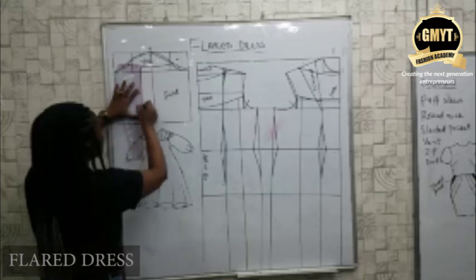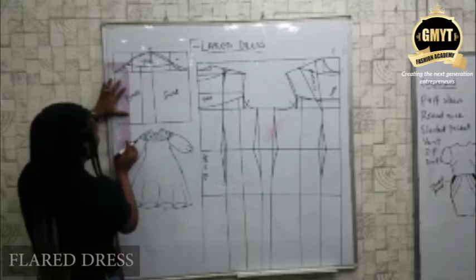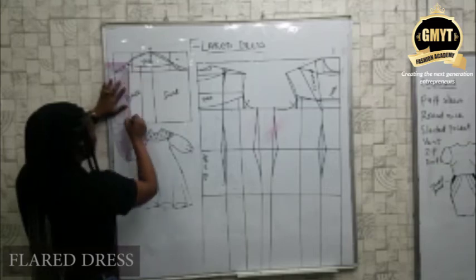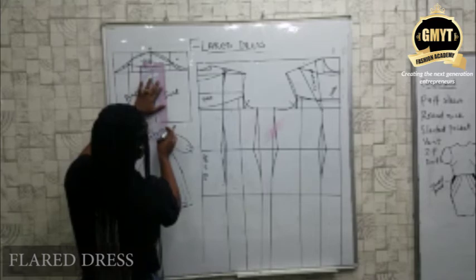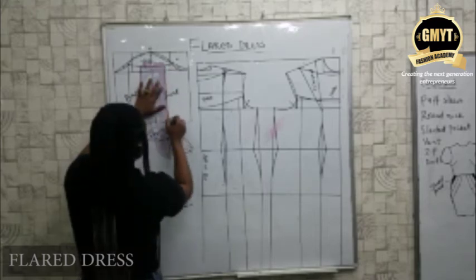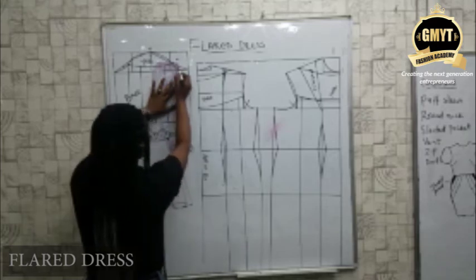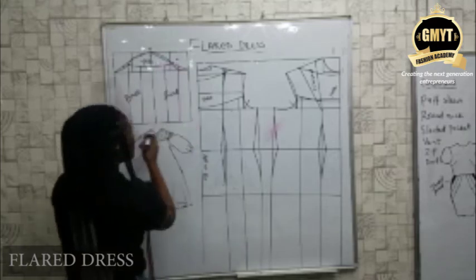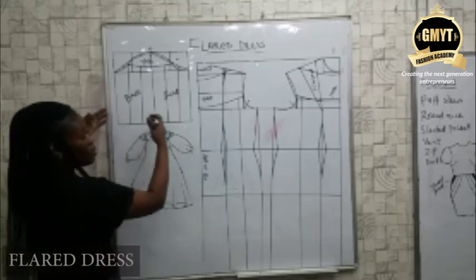So I'm going to do my slash lines in order to spread it. Slash lines. Slash lines. And slash line. So I have my slash lines. Then I'm going to spread it.